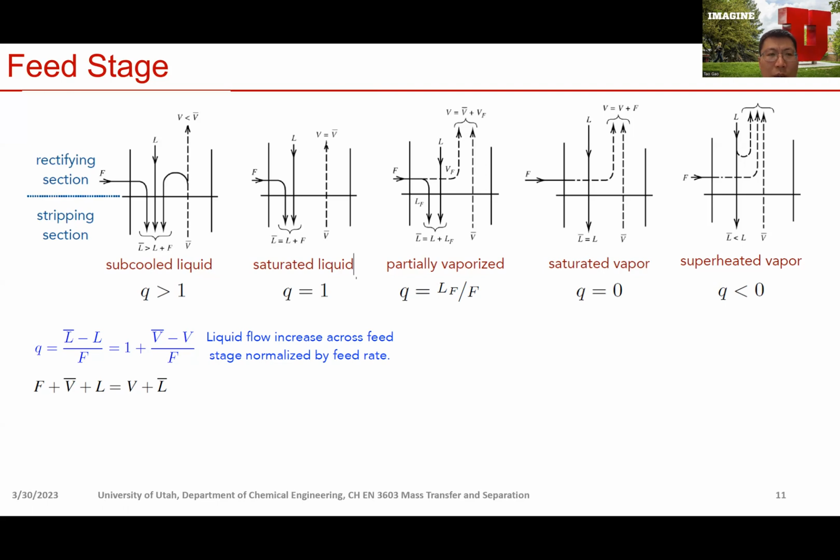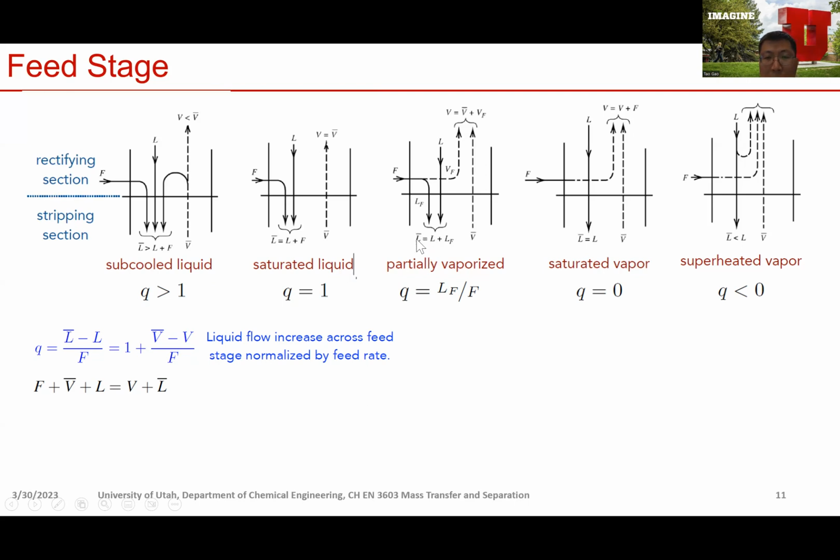Then we can assign a Q value for each of these scenarios. For subcooled liquid, from this inequality, L bar minus L is larger than F, so you have Q larger than 1. In this case, L bar minus L equals F, so you have Q equals 1, right?